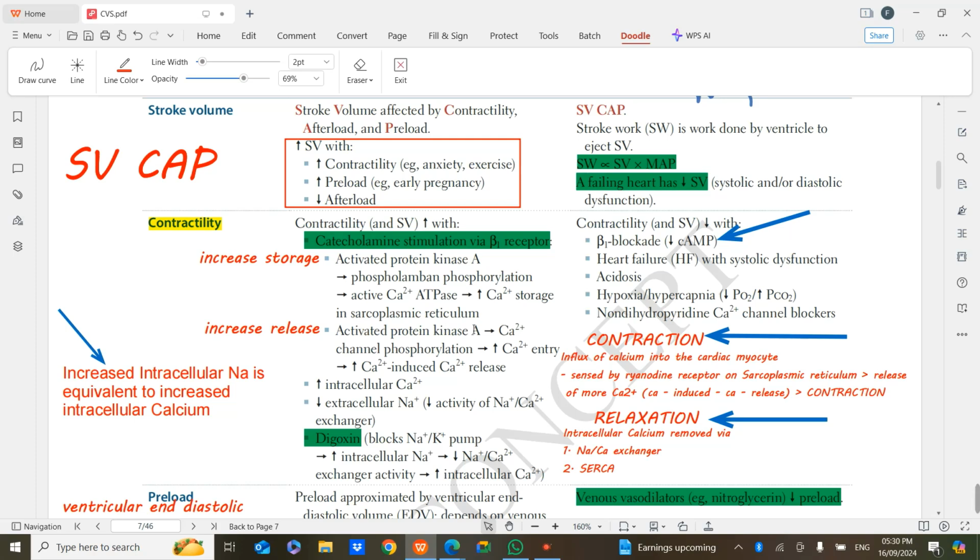What is important in storage of the calcium? The channel that you need to store the calcium is the calcium ATPase. Never forget this calcium ATPase at all. If I need calcium ATPase to store calcium in the sarcoplasmic reticulum, there must be a way to activate it.